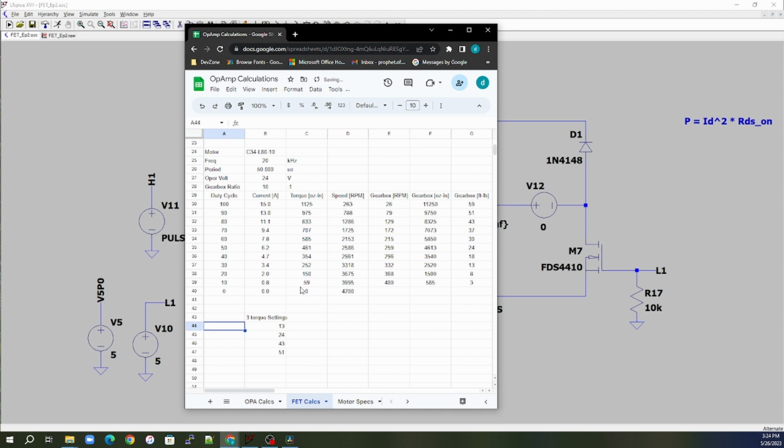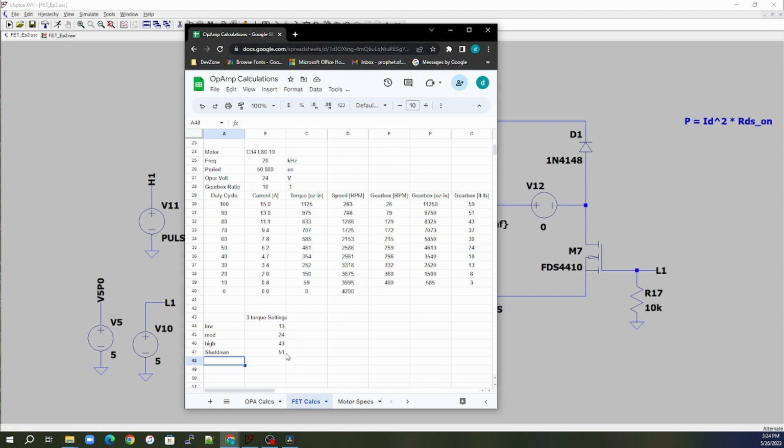Right? So this will be low, medium, high torque settings. And this will be shut down. Right? We don't want to overstress it, because at that time our motor is getting bogged down, and so we don't want to go that far. So we just want to shut down at about 51.